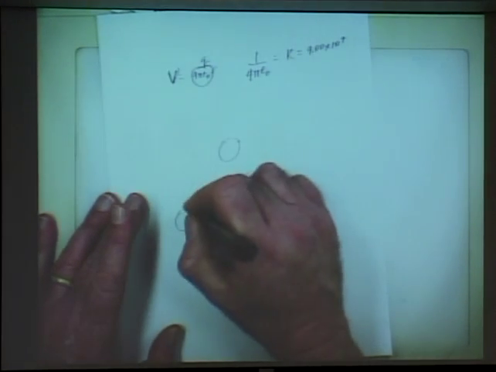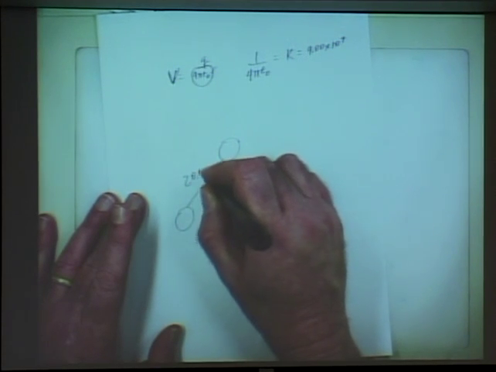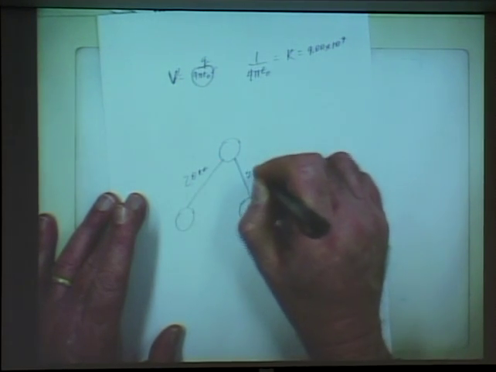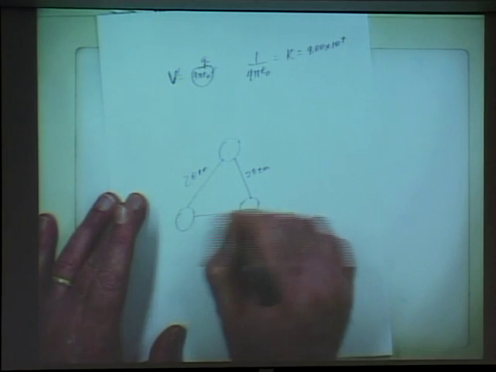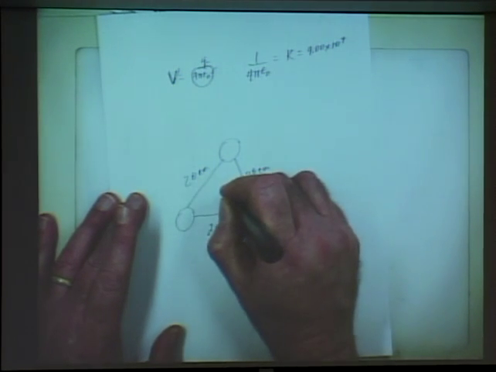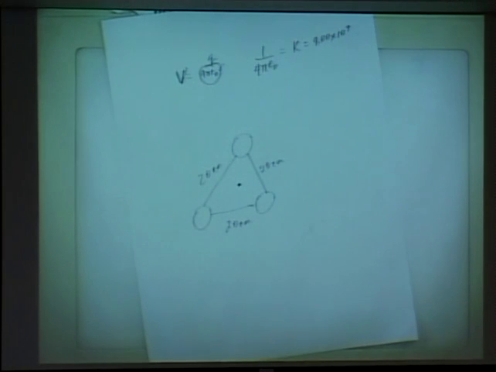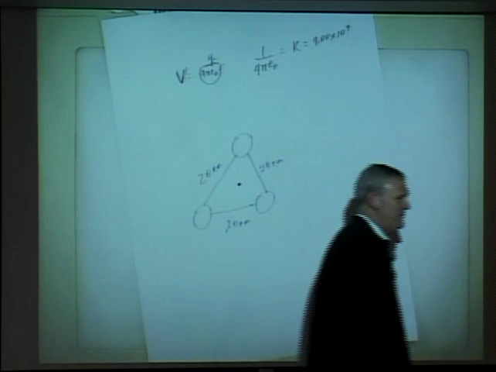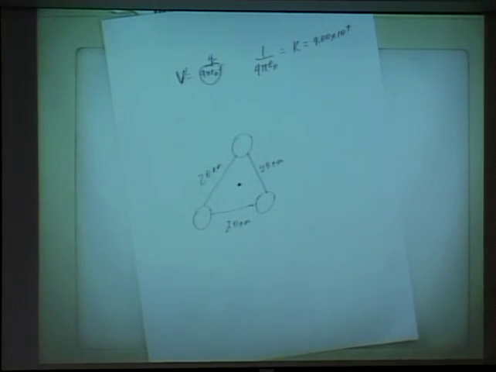This is terrible. I'm just terrible. It's going to say like 20 centimeters, 20 centimeters, and 20 centimeters. And they want you to figure out what the potential is right there, what V is right there in the dead center. It's a geometry problem, is what it is.